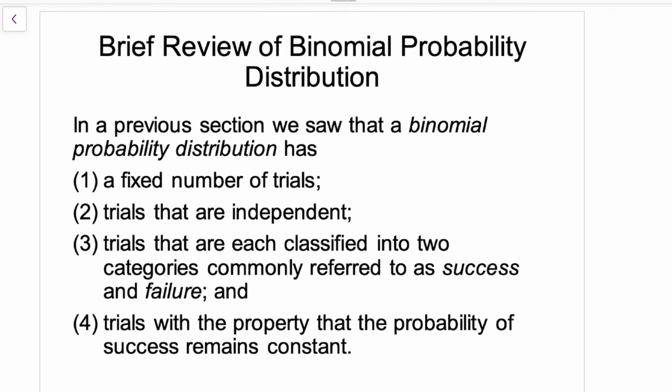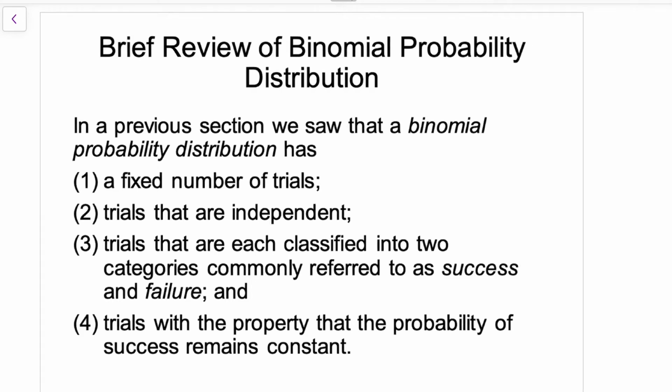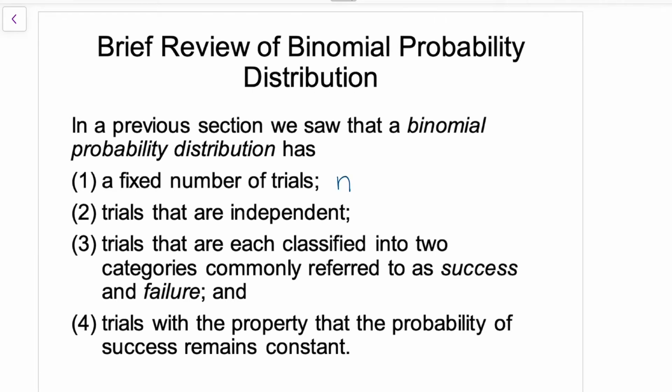Okay, let's briefly review the binomial probability distribution. We've stated that a distribution has a binomial distribution if it has a fixed number of trials, which we call n. Each trial is independent. Each trial can be classified as a success or a failure, and the probability that each trial is successful is constant.